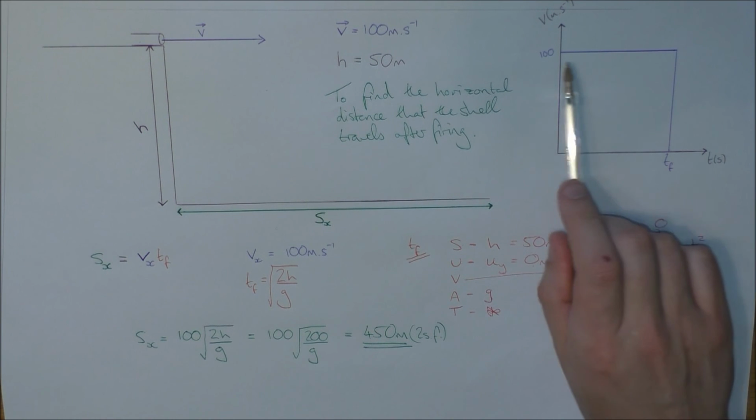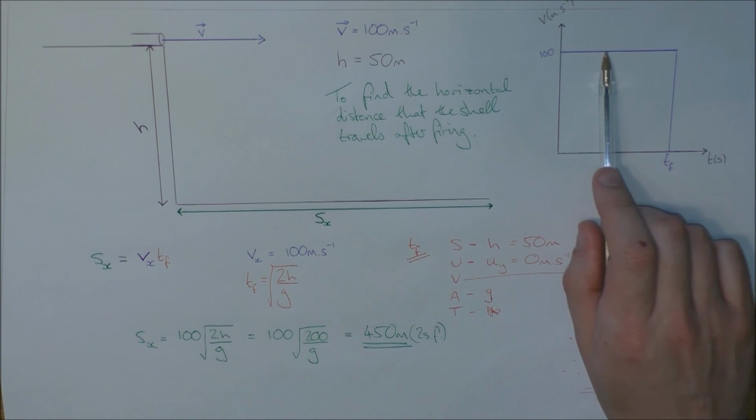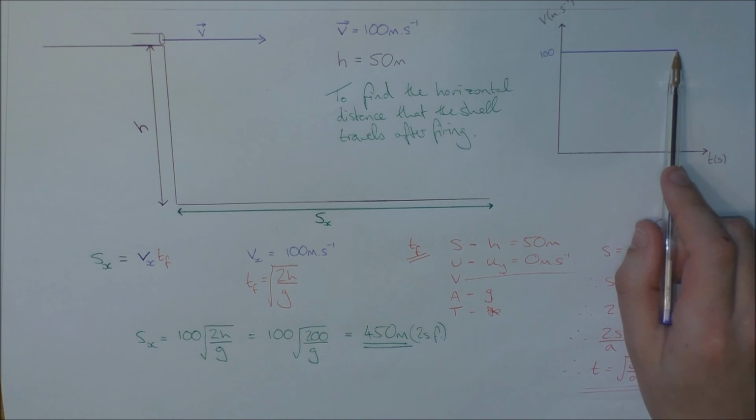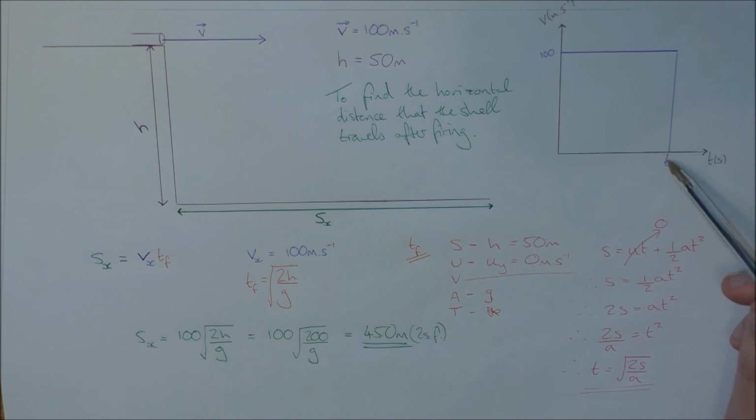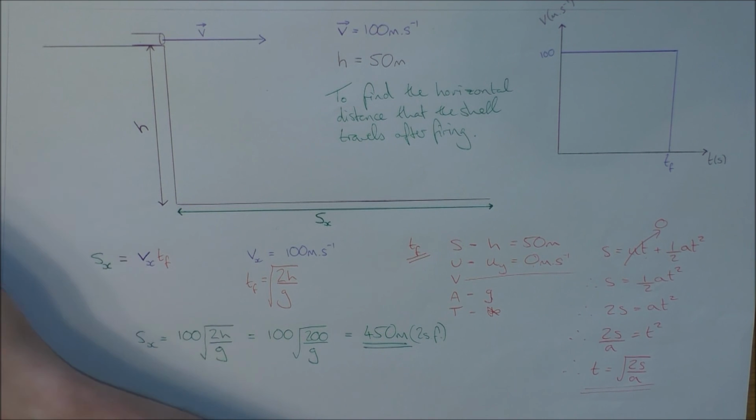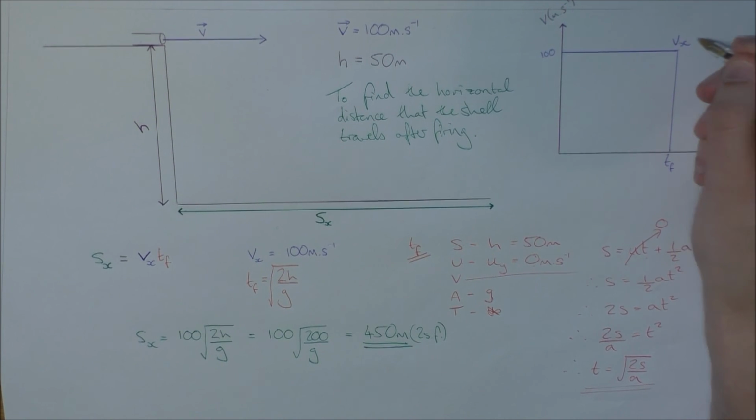Now I can say that it does a flat velocity of 100 meters per second up until the point Tf when it hits the floor and stops dead. So that's the graph of Vx.